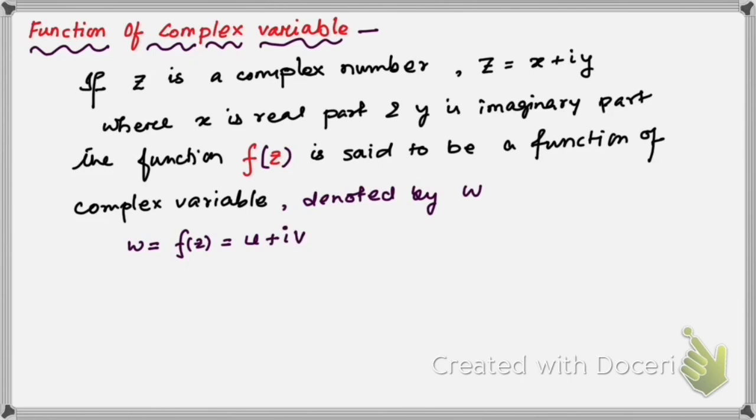That means u and v are the functions of x and y. u is the real part, v is the imaginary part of the function.